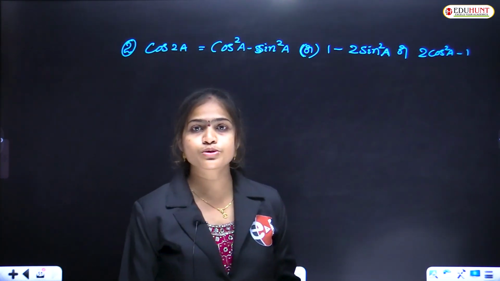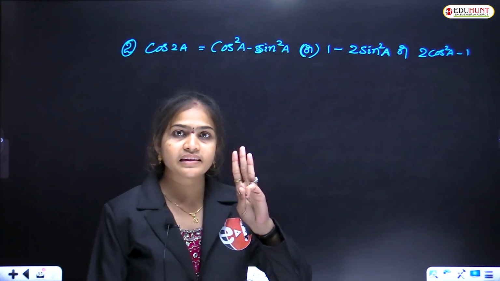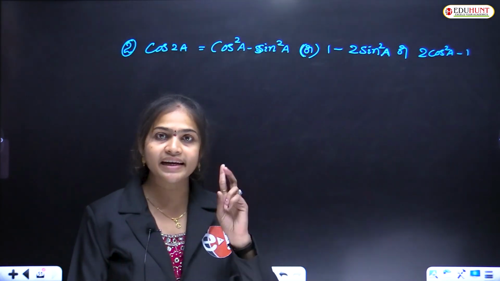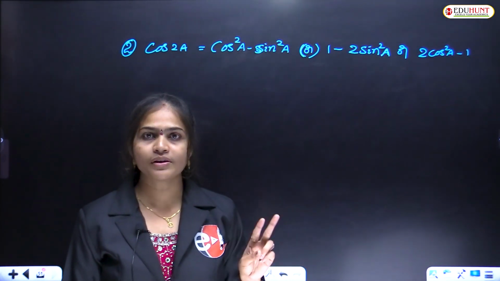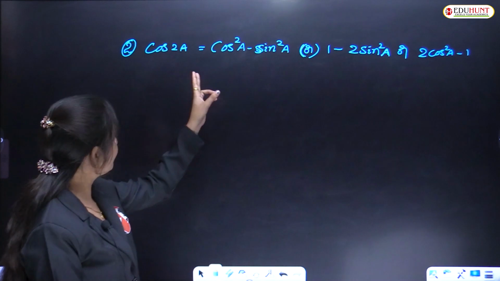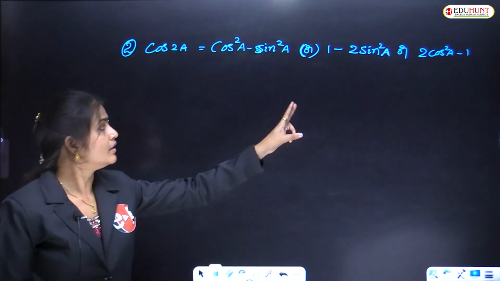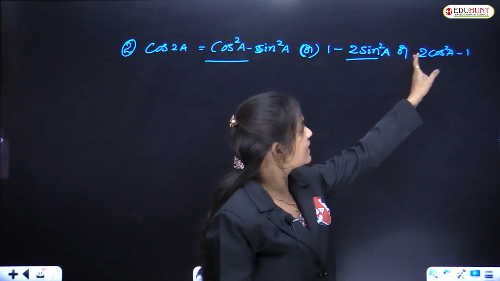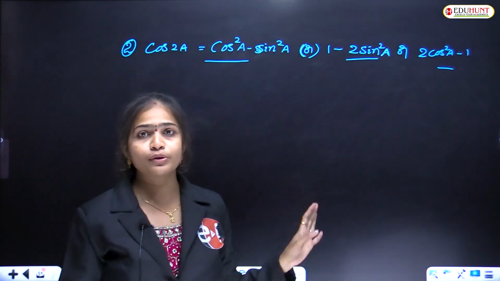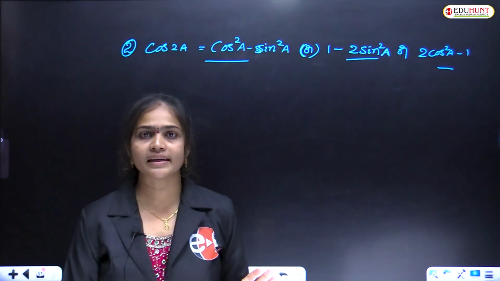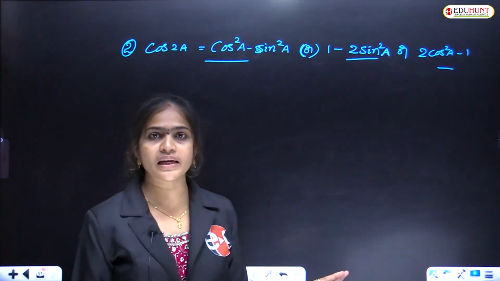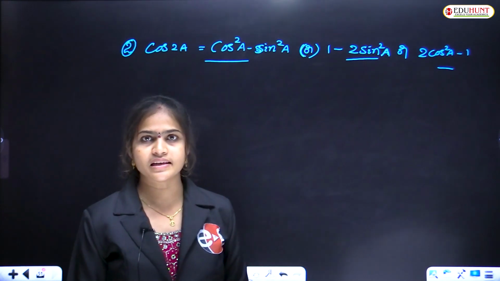Children, just observe this carefully. So here cos 2A has how many formulas? 3 formulas, in terms of sin and cos. Totally 3 formulas are there for cos 2A. Children, any one of the formulas you can apply in a question and you will get the same result.